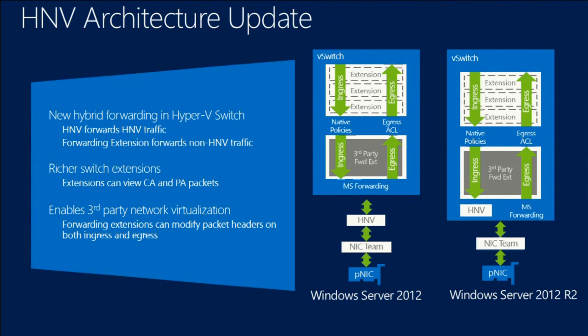And with this change, we hope to enable the third-party vendors, switch extension vendors, to innovate and provide more support for HMV, for example, monitoring. Now you can write a monitoring tool to monitor based on the customer's address, or based on the provider's address. So we make that possible.